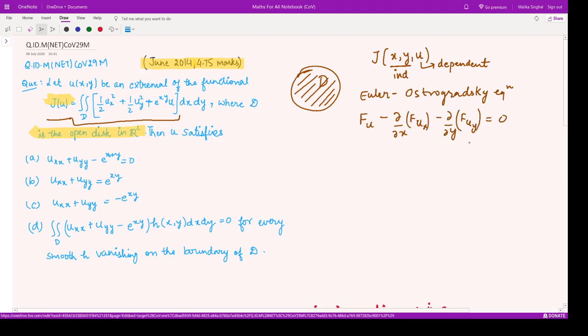That is, in this case, you just have this term extra in comparison to the previous form of Euler equation, right.